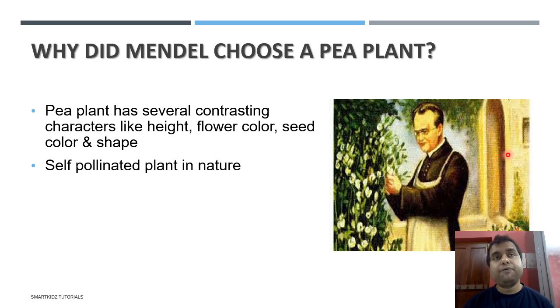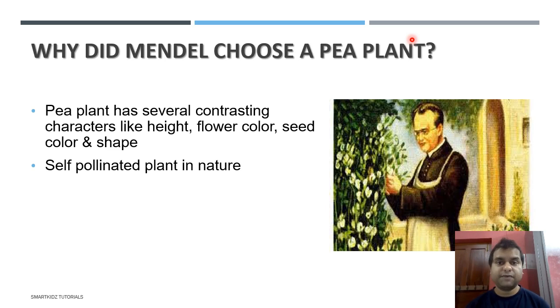Now, self-pollination of pea plants happens in nature. That means by itself it undergoes self-pollination and not cross-pollination. Cross-pollination is where the male gamete, the male germ cell, is transferred from one plant to the female part of another plant.